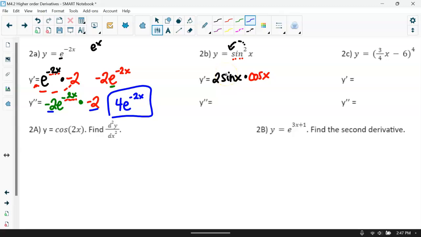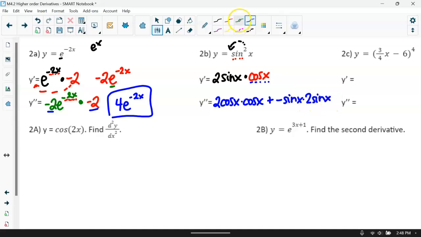But notice we've got product rule. So we've got to find the derivative of the first times the second. So the derivative is 2 times cosine x times cosine x. Then we add to that the derivative of the second times the first. So the derivative of cosine is negative sine x times 2 sine x.